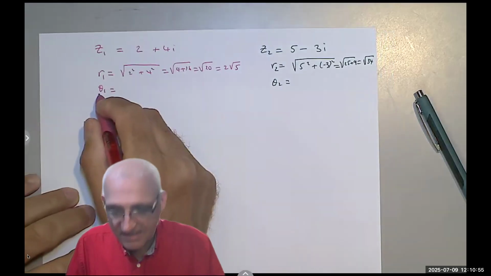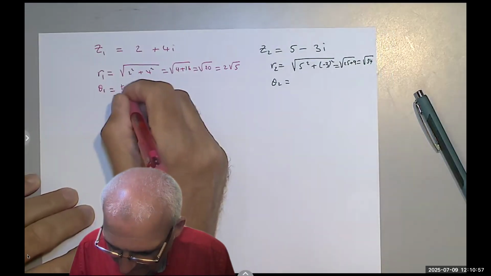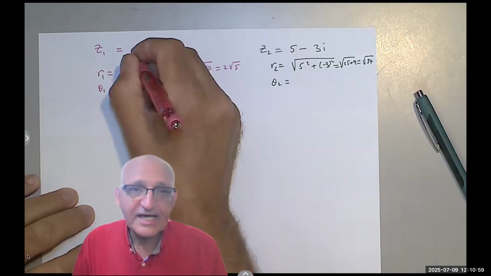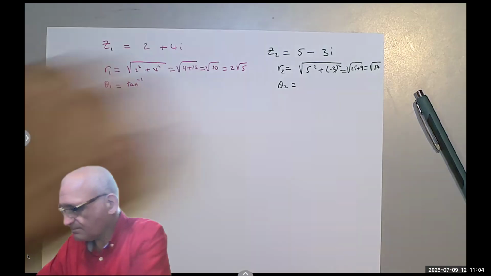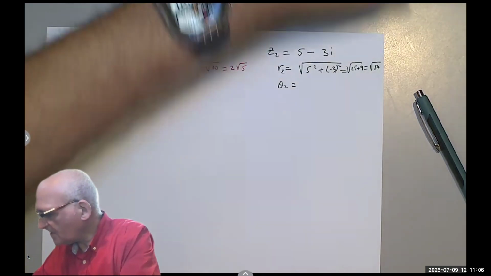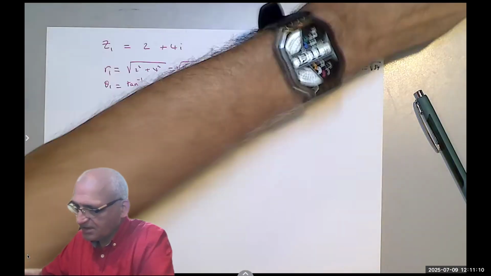The angle here is the angle whose tangent is y over x, right? That's what we did. Let's draw it again.